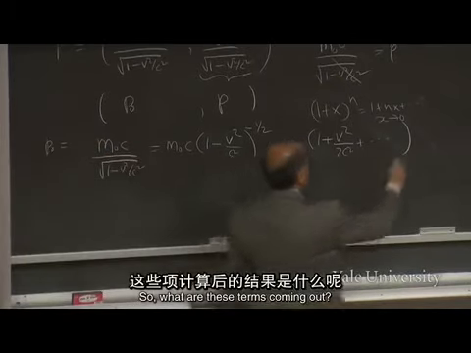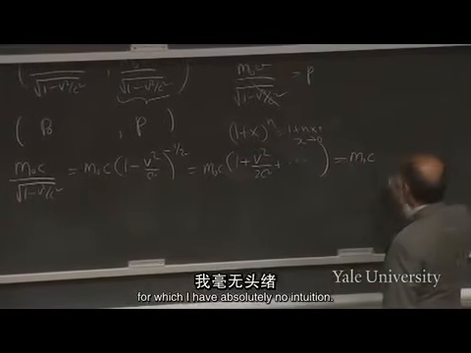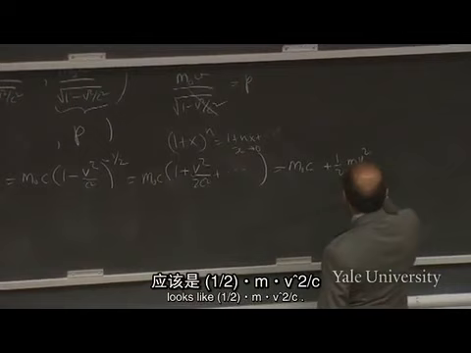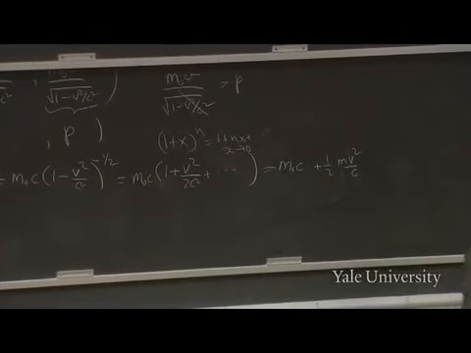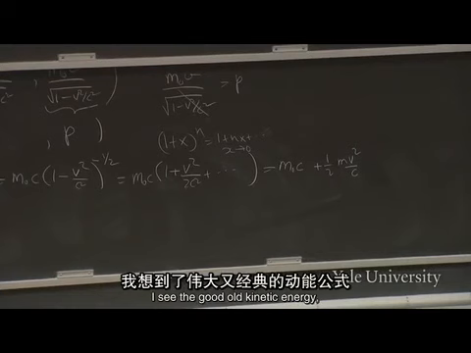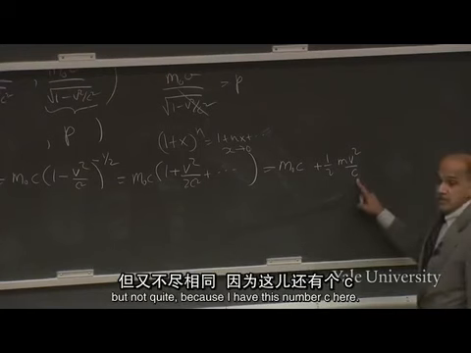So what are these terms coming out? Well, there's the first term for which I have absolutely no intuition. The second term looks like 1/2 m v squared divided by c. So for the first time, I see something familiar. I see the good old kinetic energy, but not quite, because I have this number c here.